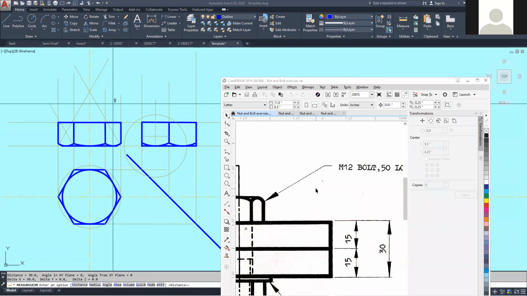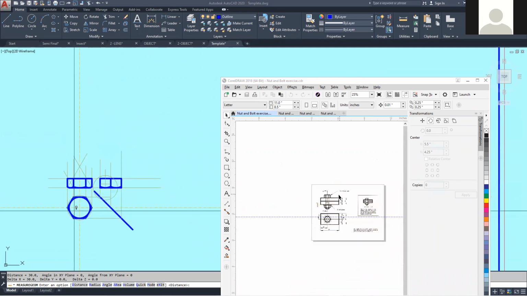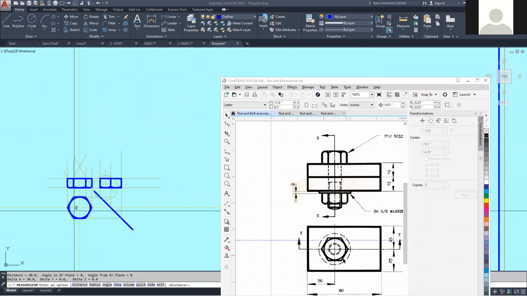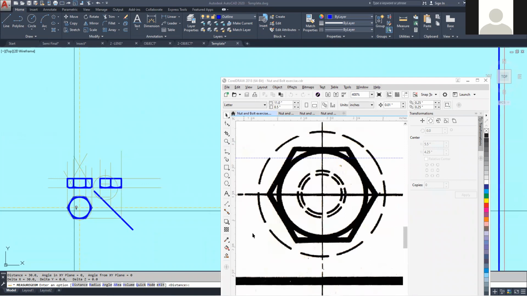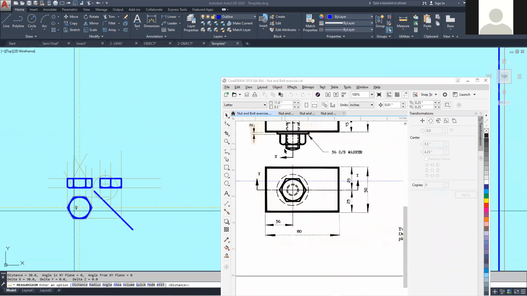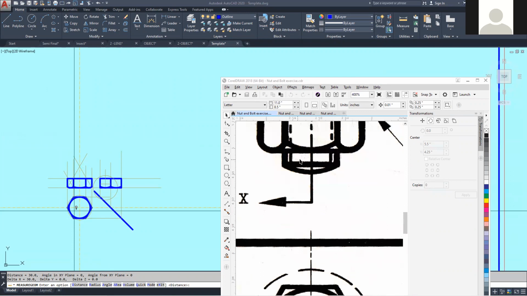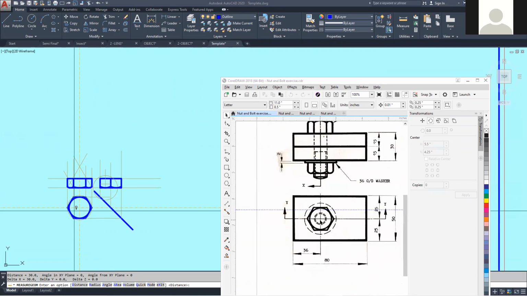In this case, you want a 12, so you just scale this up by 1.2. Remember that of these two circles, the 12 will be the outside line, and you could just offset the other one by 1 or 1.5.